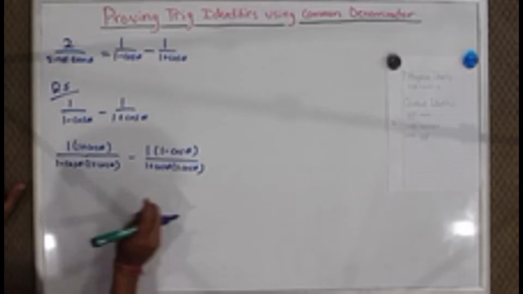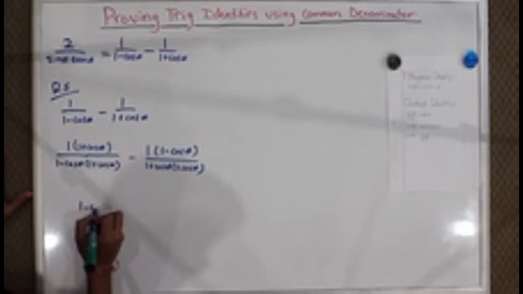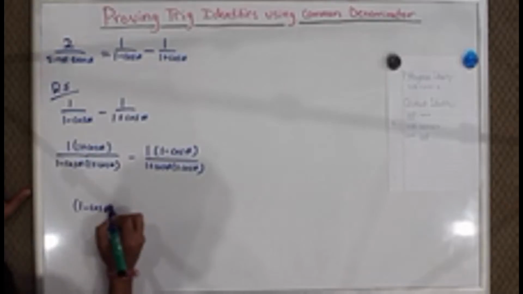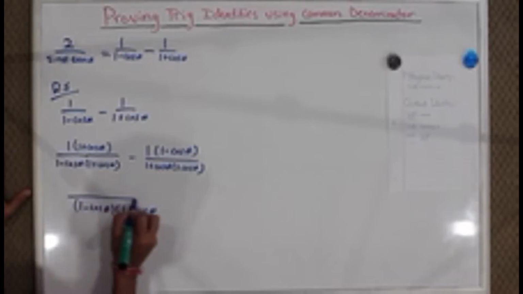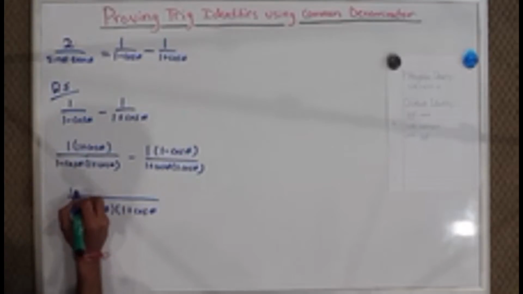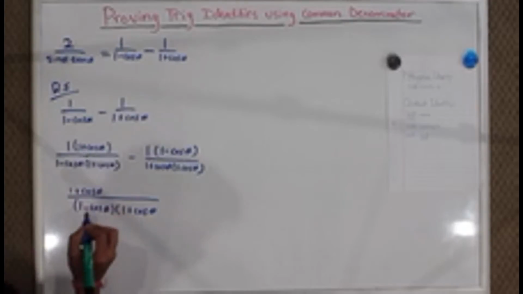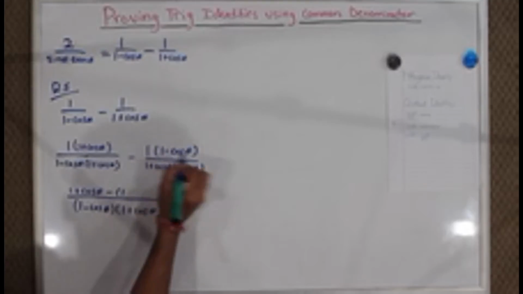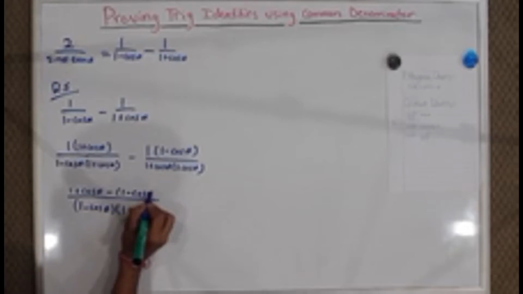So now we're gonna combine the denominators. At the bottom we're gonna have 1 minus cos theta times 1 plus cos theta as our denominator, and at the top we have 1 times 1 is 1, 1 times cos theta is cos theta, so 1 plus cos theta minus, then we're gonna distribute here, so we have 1 minus cos theta.